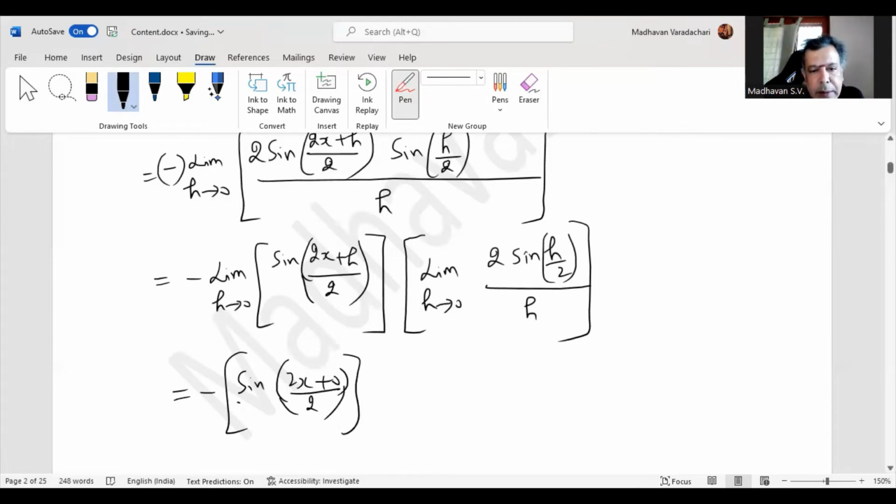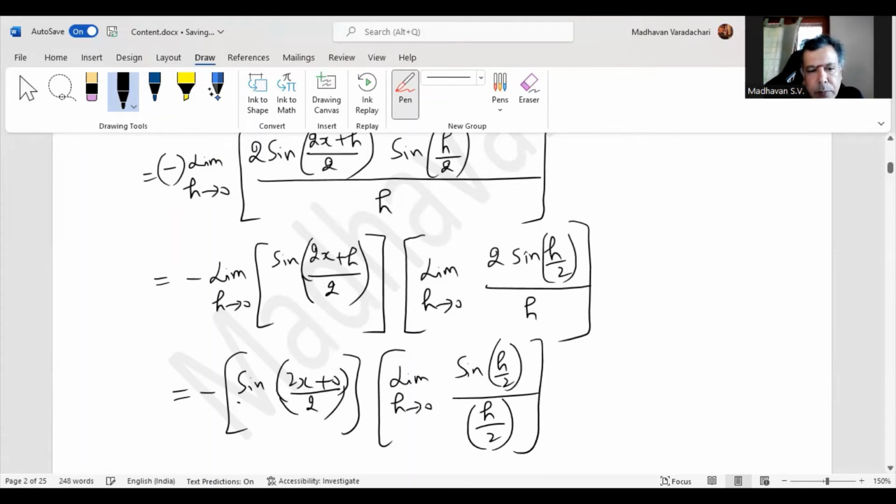Then here I will modify this limit by bringing the 2 to the denominator, which will go to the denominator of h. So sine of h by 2 divided by h by 2. That will be now, here 2x plus 0 is 2x. 2x divided by 2 will become x. So it will be simply minus sine x.